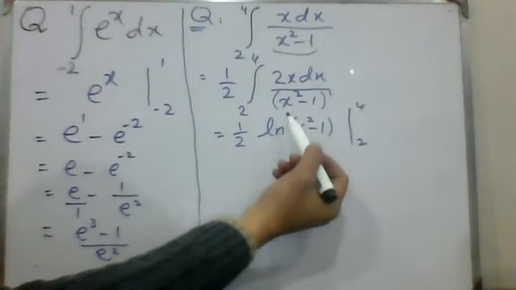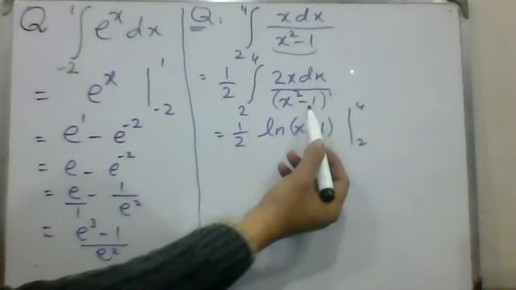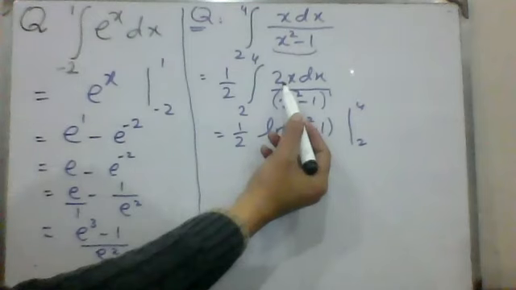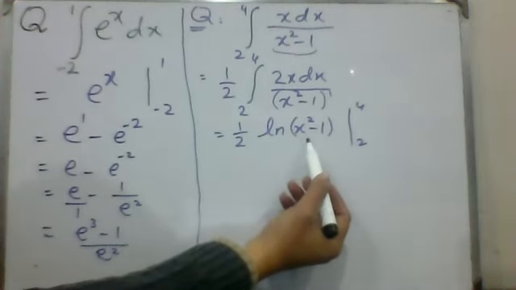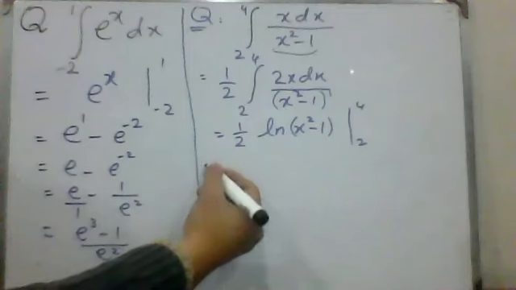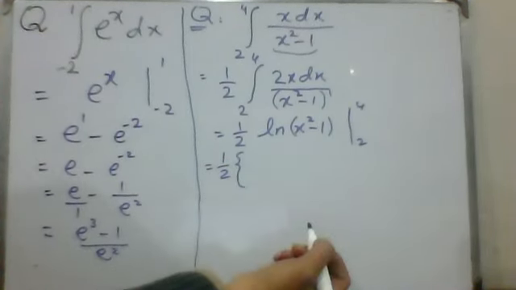So that is the way in which we say that if the derivative of the denominator term is present in the numerator and its whole power is 1, then we can write it as natural log of x square minus 1. Now put the limit, first 1 by 2, write the bracket.